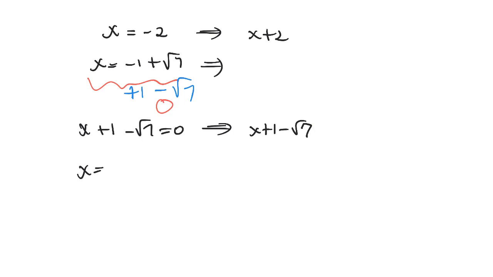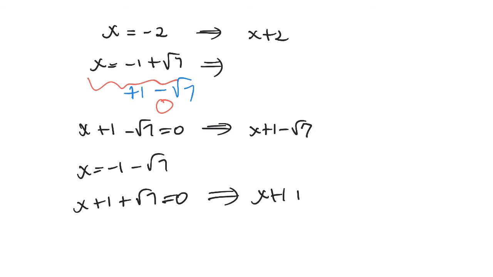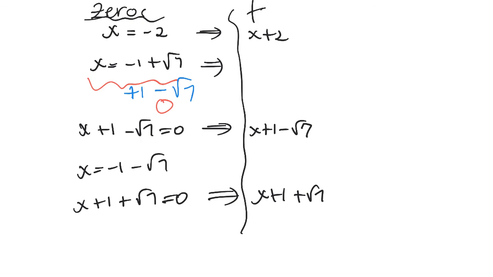Similarly, when I have x equal to negative 1 minus root 7, adding a 1 to both sides, so x plus 1, and adding a root 7 equal to 0, that lets me know that my other factor is going to be x plus 1 plus root 7. So now I have my factors. If you know you have these values as zeros, then these guys on the right will be factors.